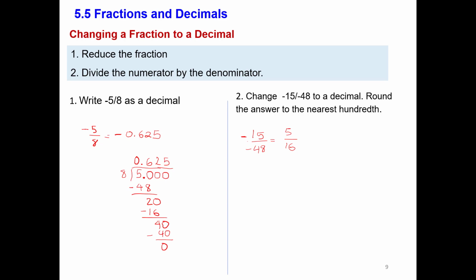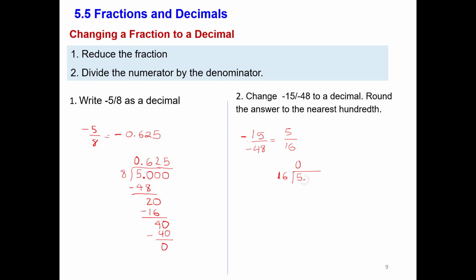Now we need to divide the numbers. How many 16s in 5? 0.